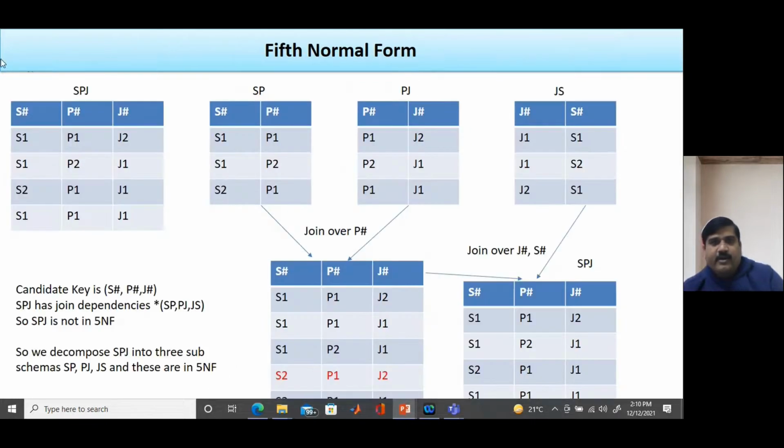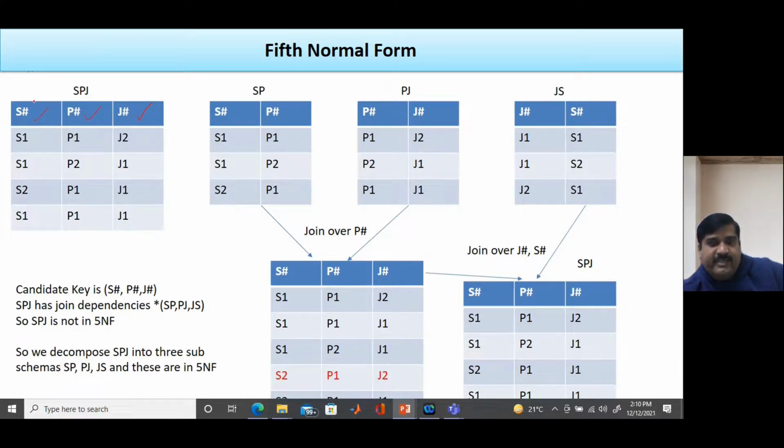We have a table supplier, part and project, in which we have supplier number, part number and project number.